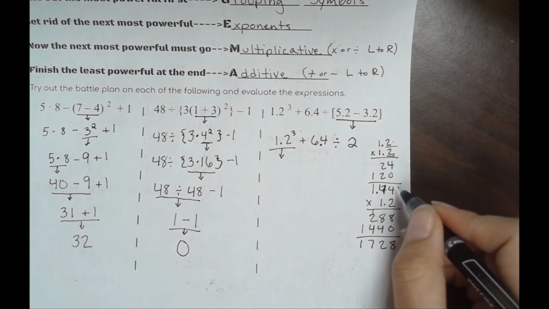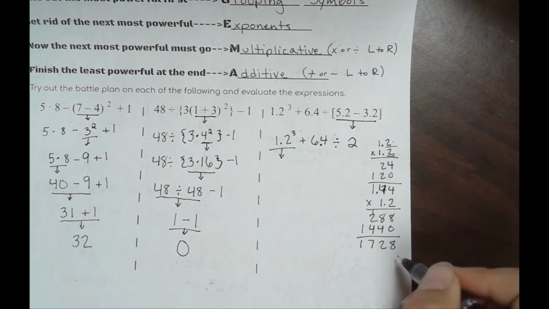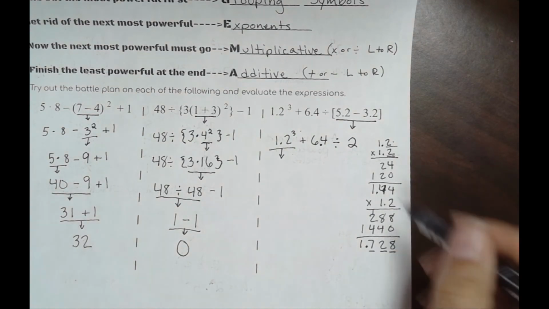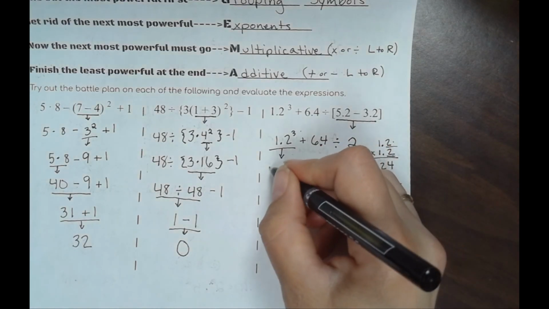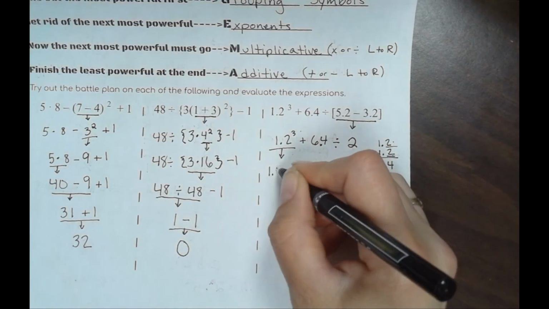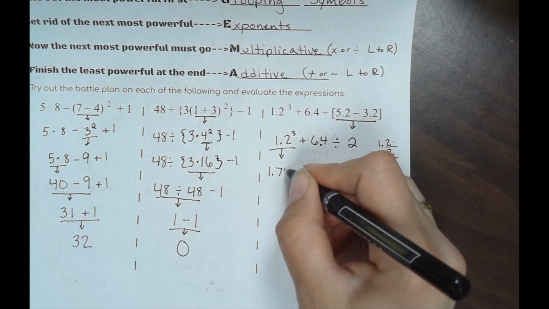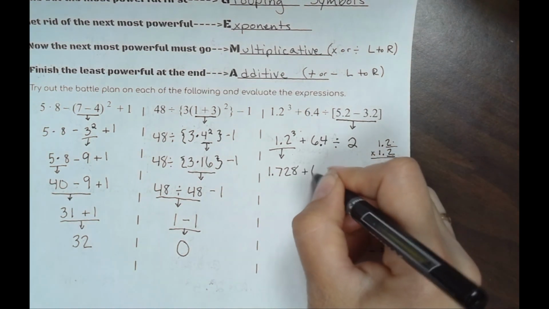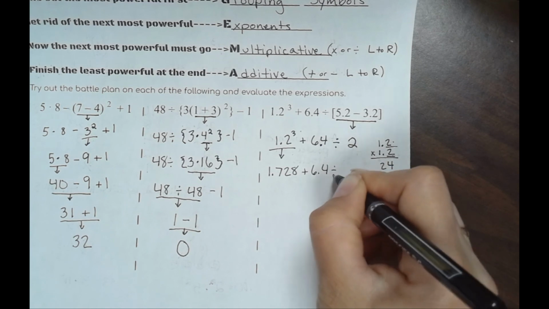Then we have 1, 2, 3 places behind this decimal. So this is simplified to 1.728 plus 6.4 divided by 2.